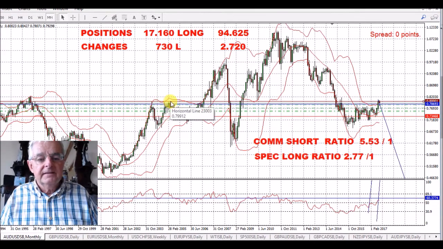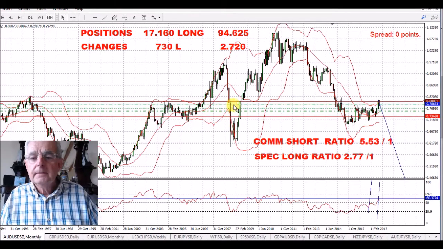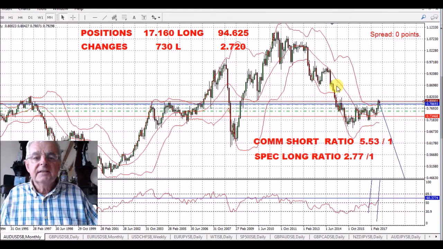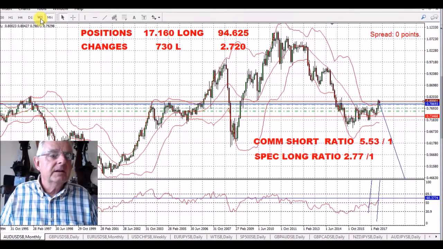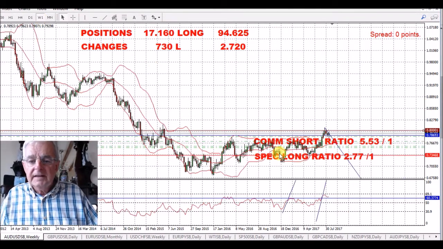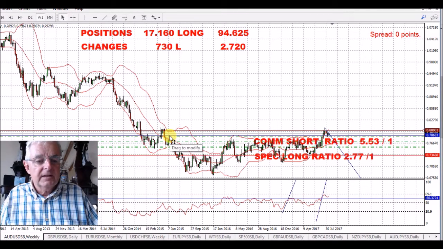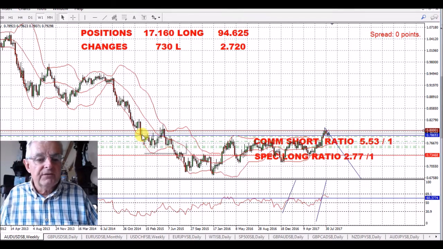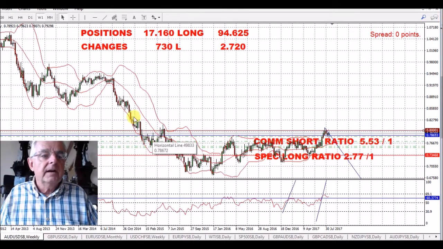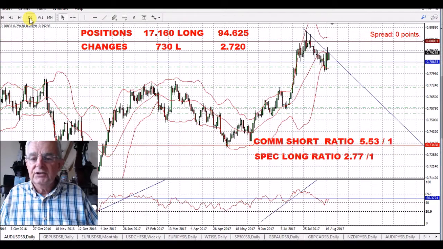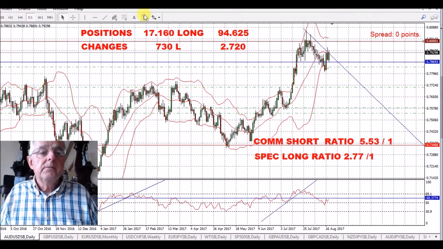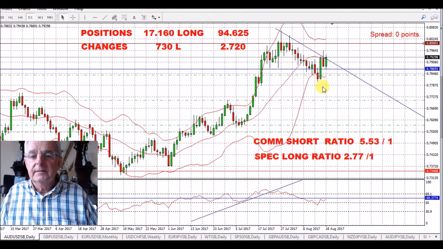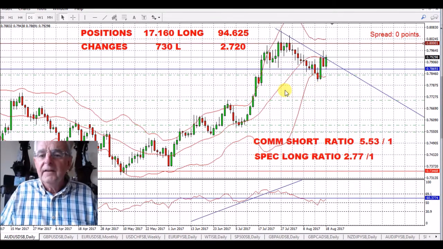Okay, there we go, a little bit of resistance across here, and if we go back now to weekly, we've got a little bit of weekly support. This is support, not resistance here. So go back now onto a daily chart. There we go, that's better, that's more what I'm used to.